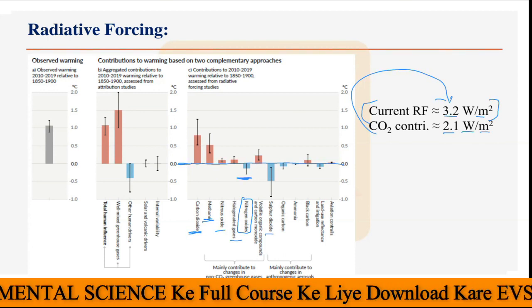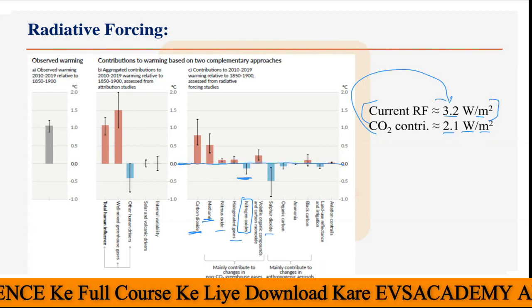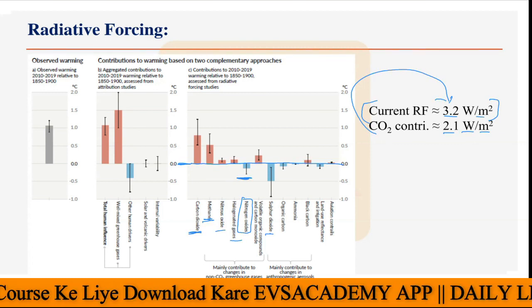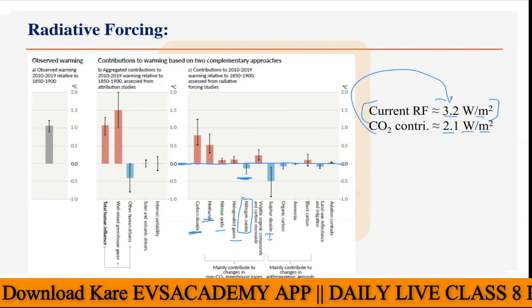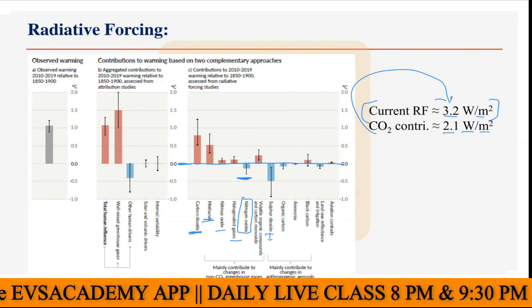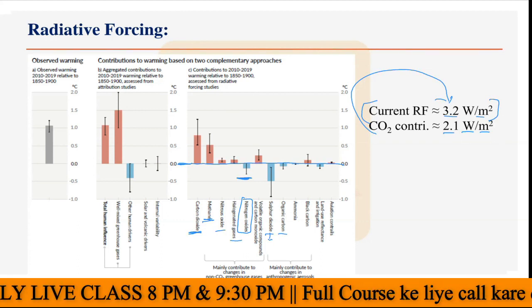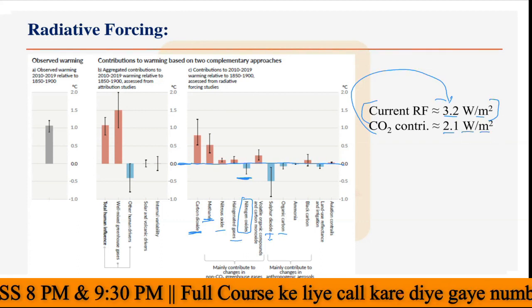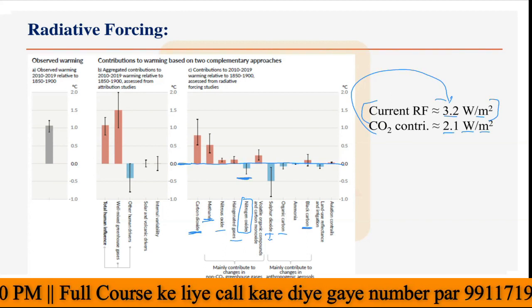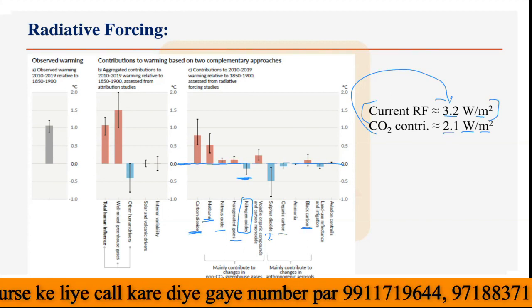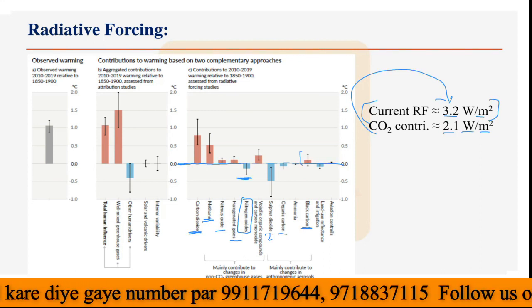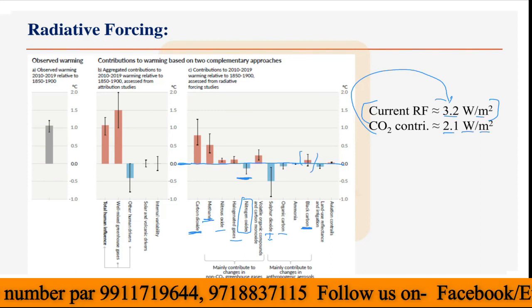Sulfur dioxide is also contributing to global cooling, because we have seen that the main effect of sulfur dioxide is global cooling, not global warming. Organic carbon is cooling down the atmosphere, while black carbon, because of its black color, will absorb more sun radiation and contribute towards the global warming side.